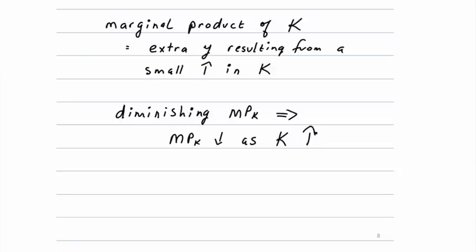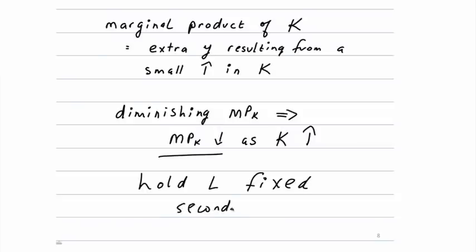We are still getting more output. It's just the extra output we're getting, the extra product we're getting, is diminishing as we increase the capital stock, remembering throughout all this, and this is crucial, we're holding labour fixed and we're holding all of those secondary factors fixed as well. The only thing that is varying here is capital.